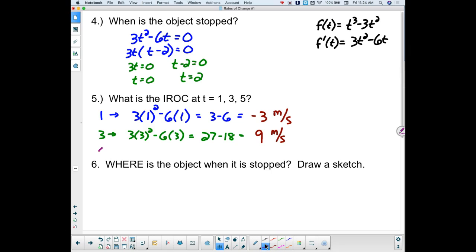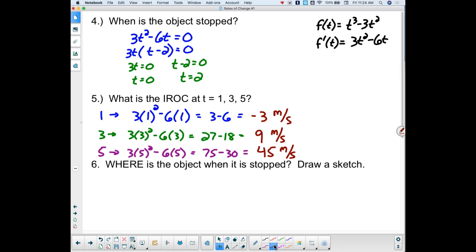And at 5, it's 3 times 5 squared minus 6 times 5, that's 75 minus 30, 45 meters per second. So it really stepped on the gas there between 3 and 5 seconds.